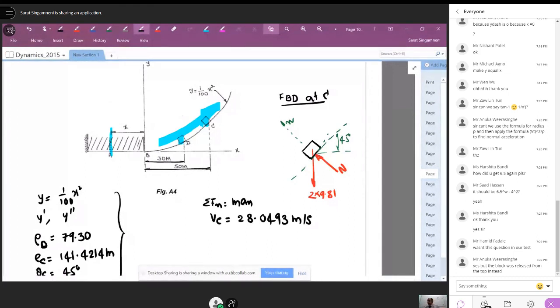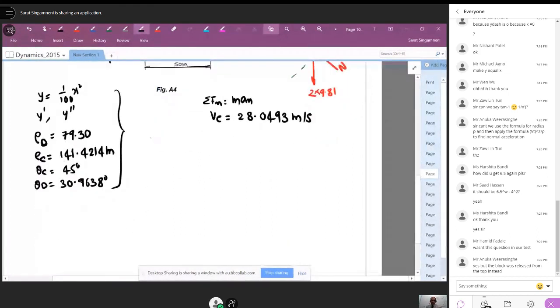For this velocity, with what compression you should release the spring, then what you need to do from A to C, you can apply the work energy equation, which is TA plus sum of the external works equal to TC.